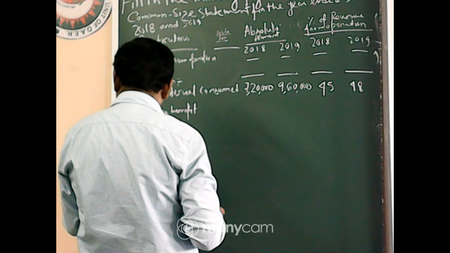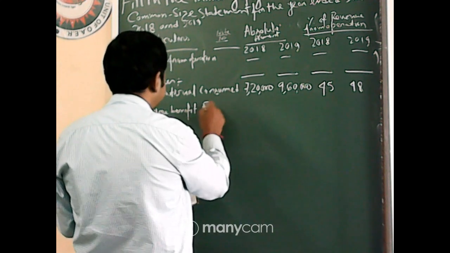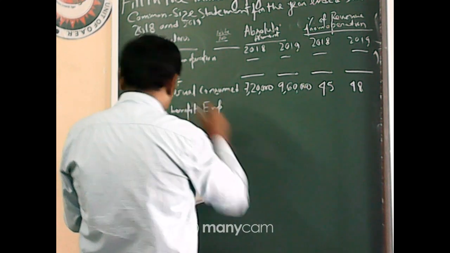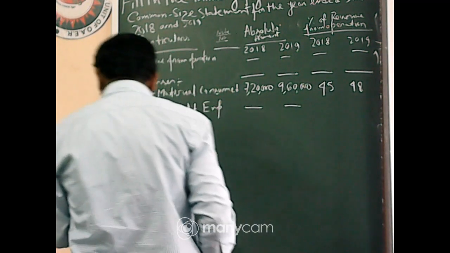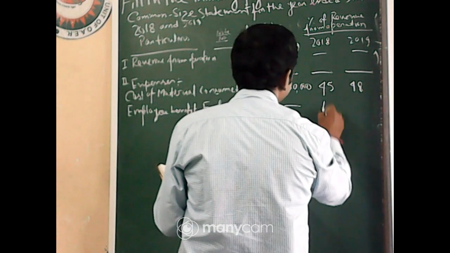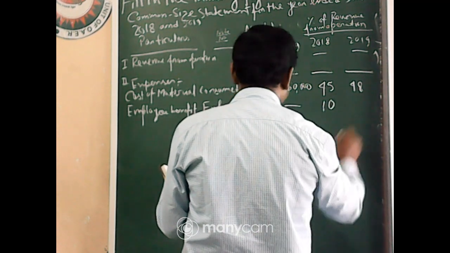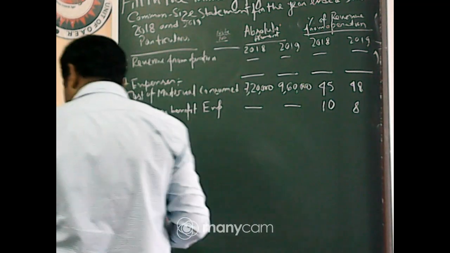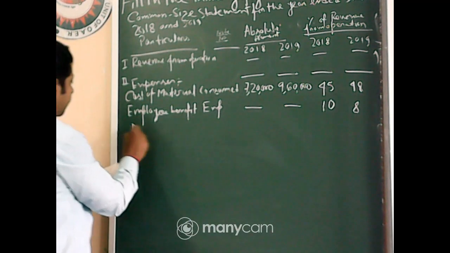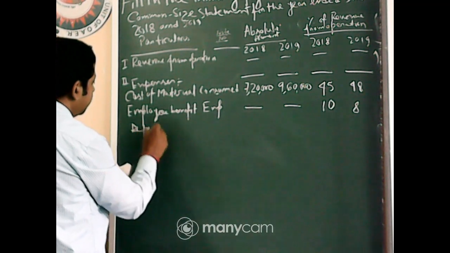These are called employee benefit expenses. Now there is no absolute figure given in your question, but there is a percentage: this is 10% and this is 8%.